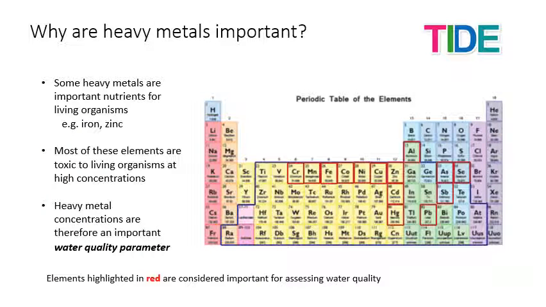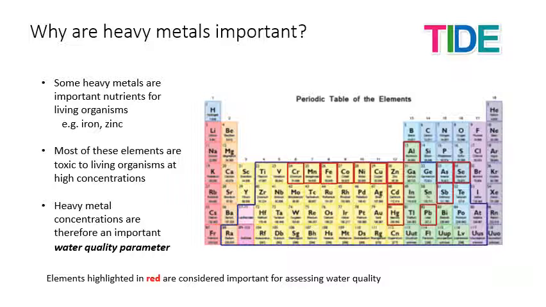So why are heavy metals important? Well, many heavy metals are in fact important nutrients that are essential to life, and these include, for example, iron, zinc, and copper. And we need at least some of these elements in our diets to remain healthy.